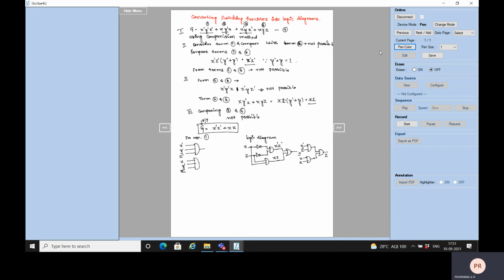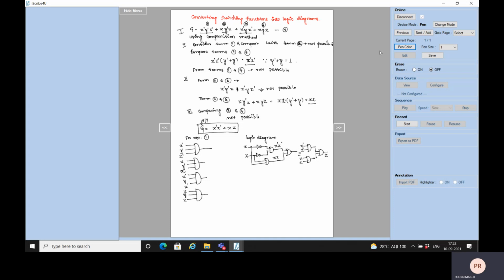that has to be connected to an AND gate because it has to produce a product term. X bar, Y, Z bar, another min term which has to be connected to an AND gate. Another term is X, Y, Z. So this also has to be connected to an AND gate.